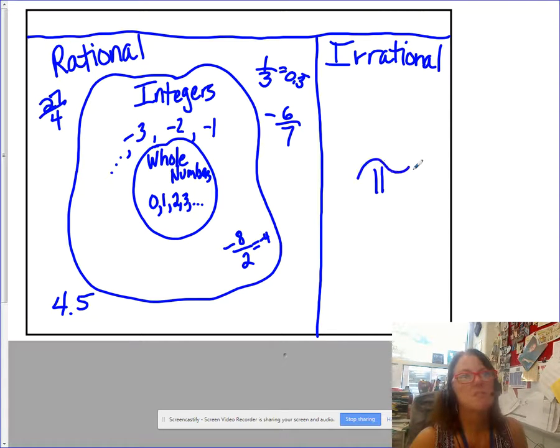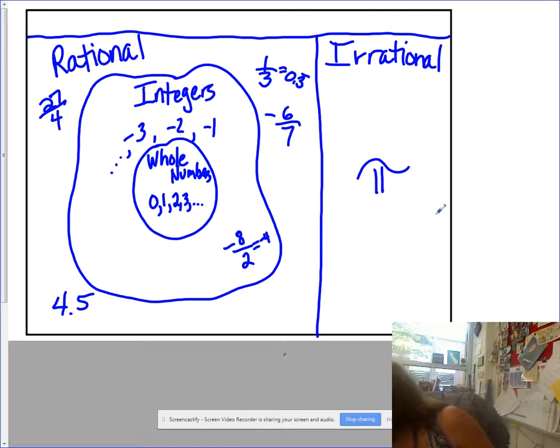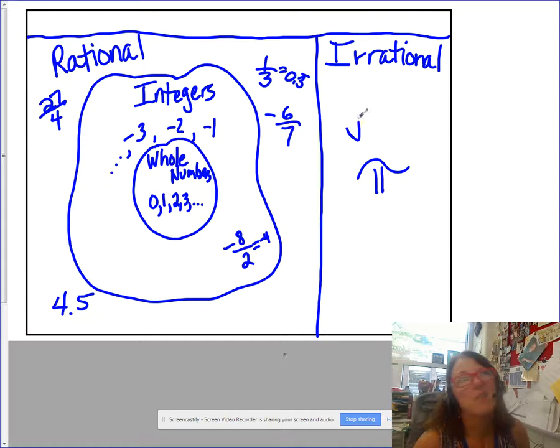World famous, the most famous one that you probably can come to mind right away is pi. Okay. But yesterday we talked about all these other examples that happen to use a radical symbol or the square root. So I'm thinking numbers like the square root of 2 or the square root of 17. These are numbers, but the square root of 2 is like 1.414, and it goes on and on.